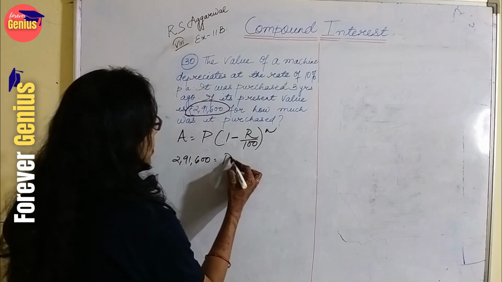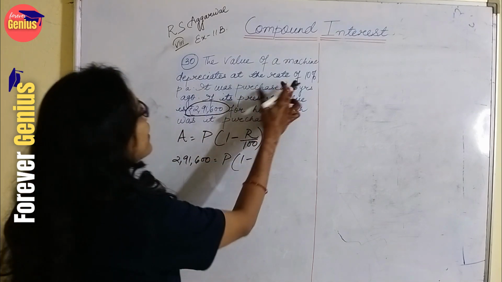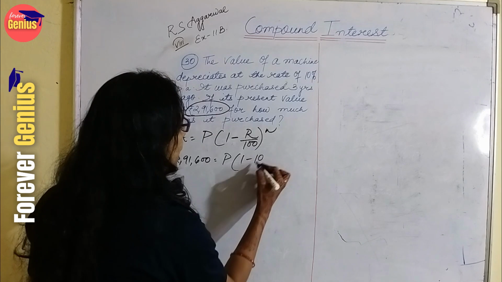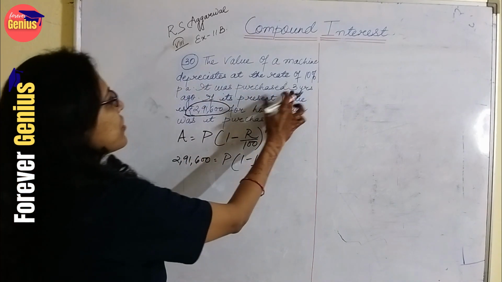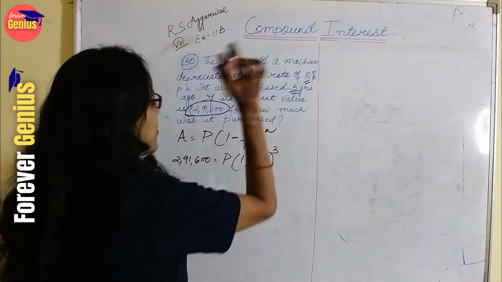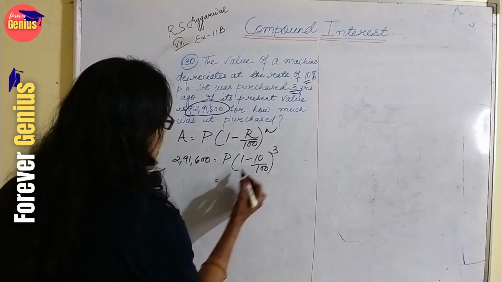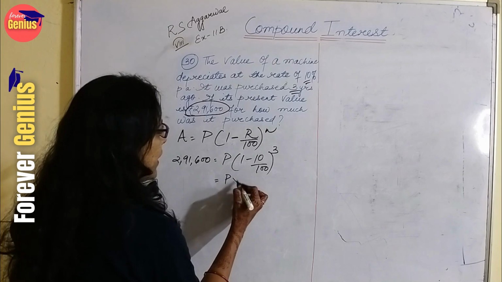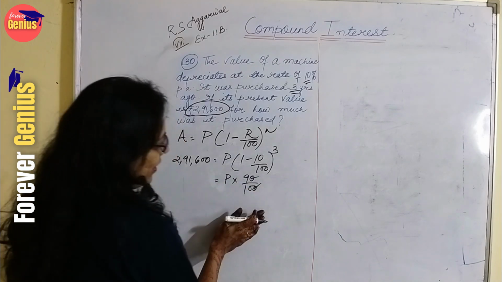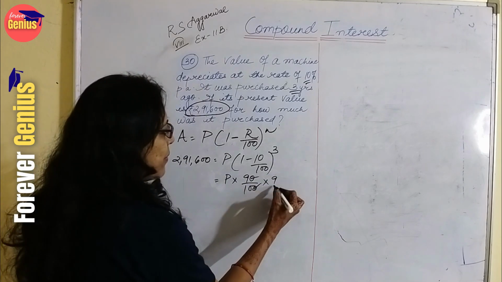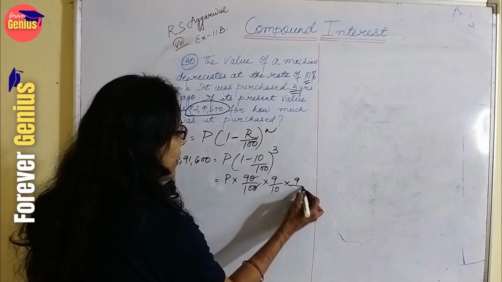So this is P into (1 minus 10 by 100) to the power 3, because it is for 3 years and the rate is 10%. So this is equal to P into 90 by 100, or 9 by 10 into 9 by 10 into 9 by 10.